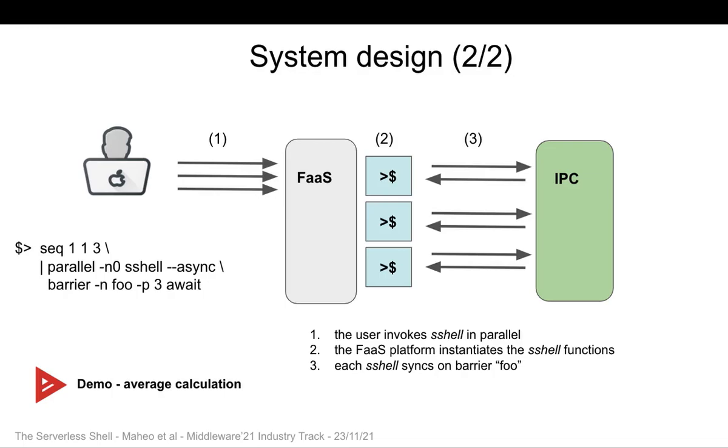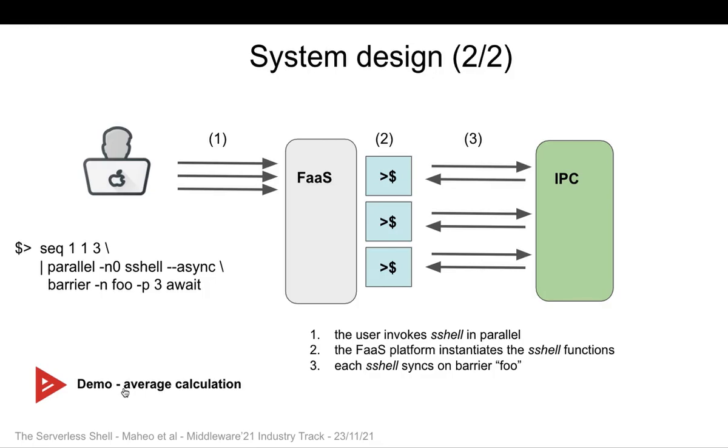So he will transmit the parallel shell commands to the FaST platform. Secondly, the FaST platform will instantiate 3 shell functions. And on the third step, each shell instance will synchronize on the barrier foo using the IPC layer.